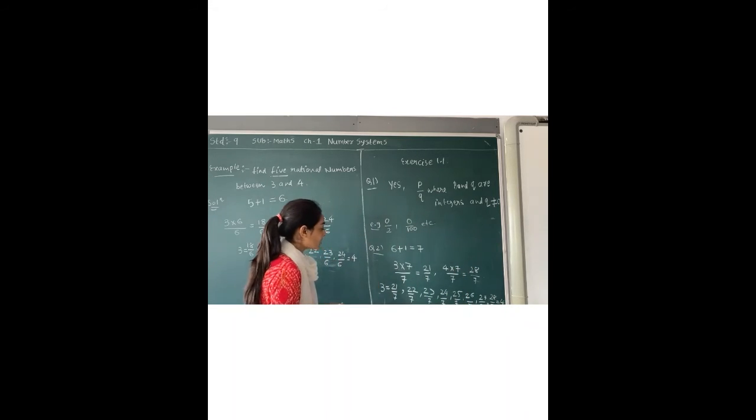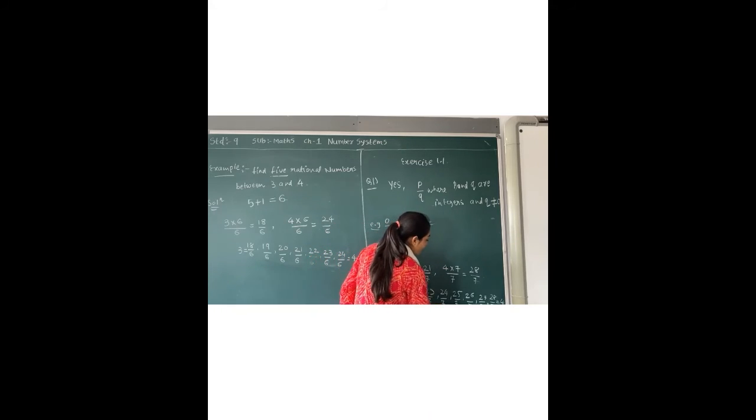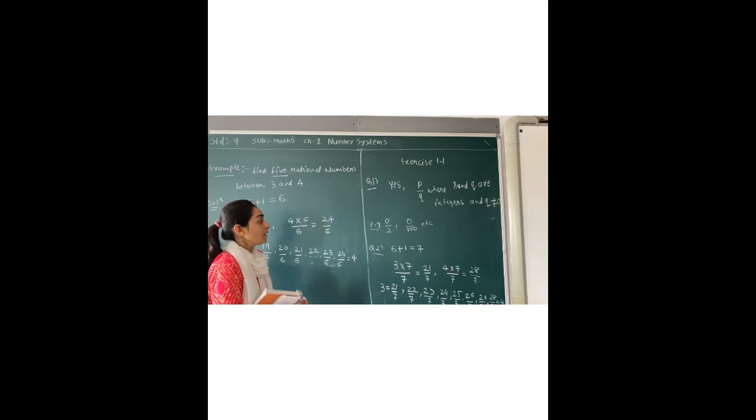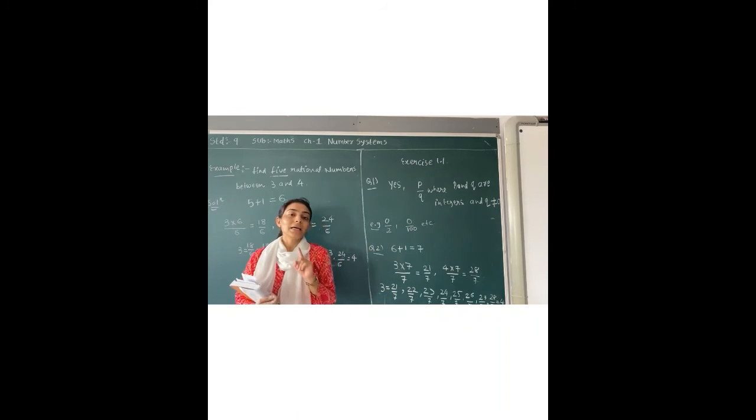Can you count: 1, 2, 3, 4, 5, 6. So these are the 6 rational numbers between 3 and 4. That was question number 2, exercise 1.1.